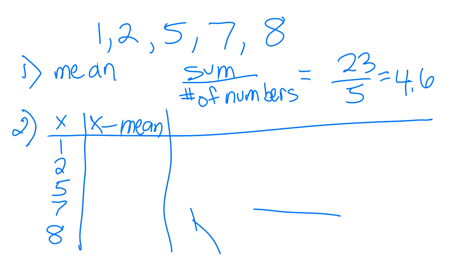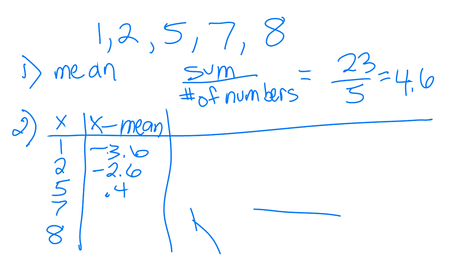So without doing this in Excel, let me just work on the calculator. So 1 minus 4.6 is minus 3.6. 2 minus that is minus 2.6. 5 minus that is 0.4.